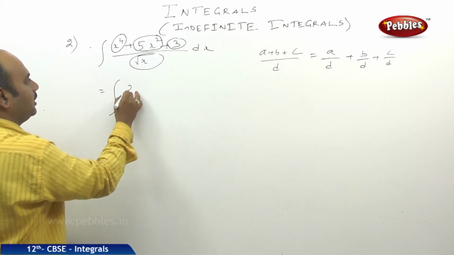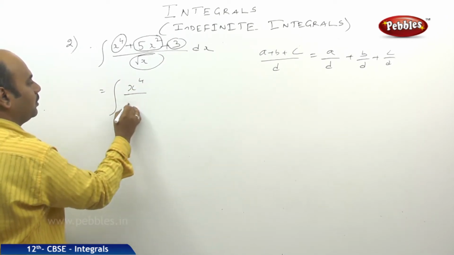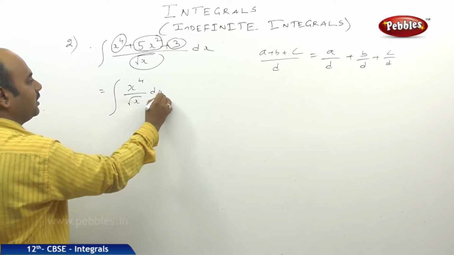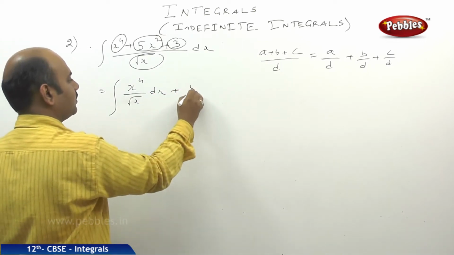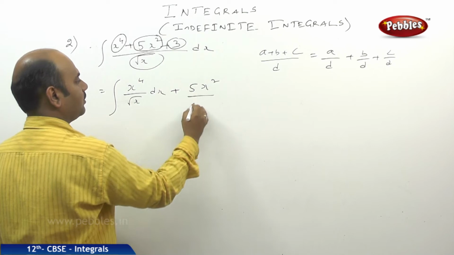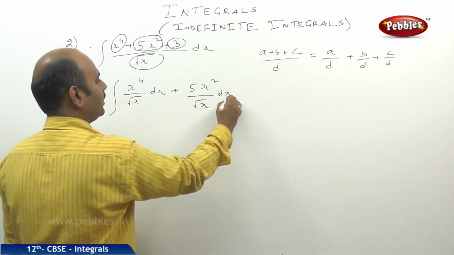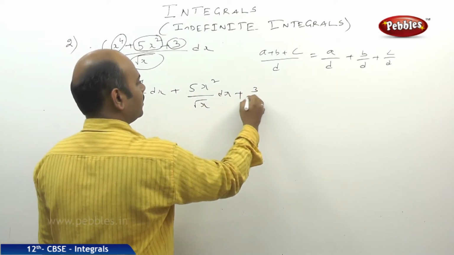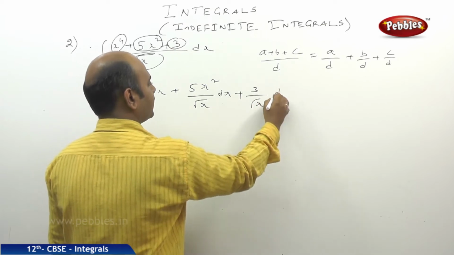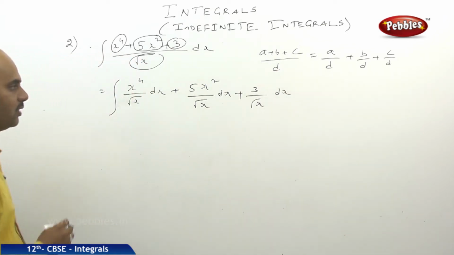So it becomes x power 4 by root x dx plus 5x square by root x dx plus 3 by root x dx.